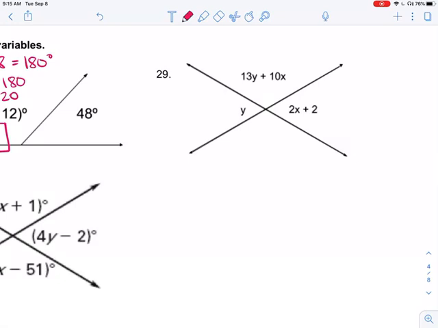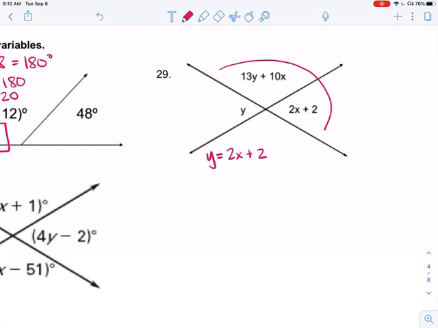All right, over here on the right-hand side, we're going to have a system of equations here. There's no other way around it. So one thing that I can do is set my vertical angles equal to one another. Y is equal to 2x plus 2. And I can set these two, or even these two, equal to 180.